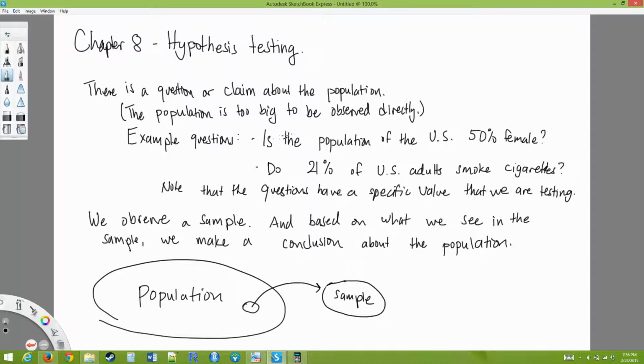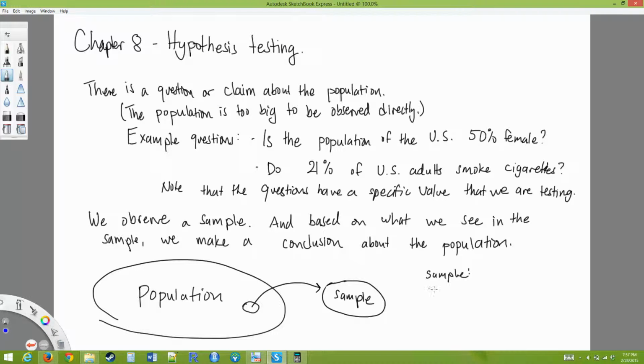So let's say we were trying to answer this first question: is the population of the U.S. 50% female? Let's say we take a random sample of people in the U.S., and let's say our sample looks like this.